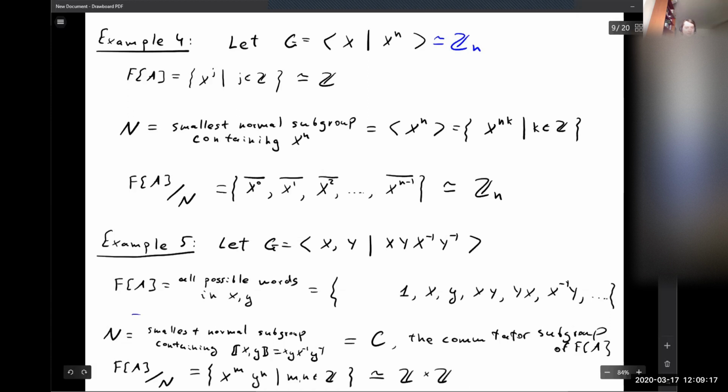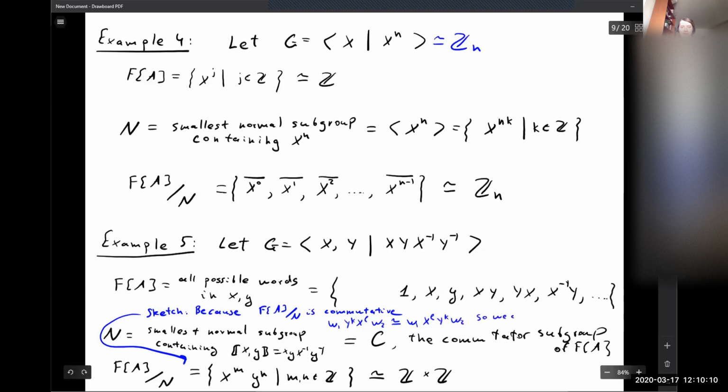Because F(A) mod N is commutative, if you have w1, x to the k, y to the l, w2, this is the same as w1, y to the l, x to the k, w2.